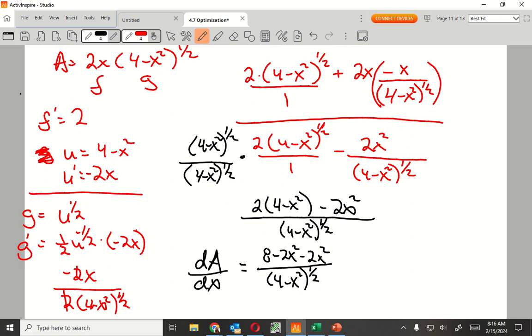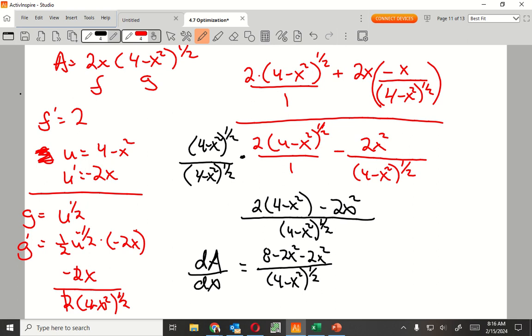Yeah. And so at the maximum or the minimum, the slope has to be negative or positive? 0. Remember, the slope is 0 because it's increasing, stops, 0, and then changes direction. So my derivative at either the minimum or the maximum is always going to be 0. So I'm doing all this math just to say, hey, I want to set this equal to 0. And when I do that, that's going to clean up a lot more of my math.